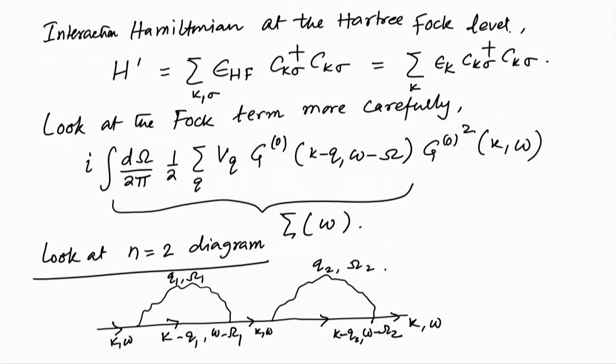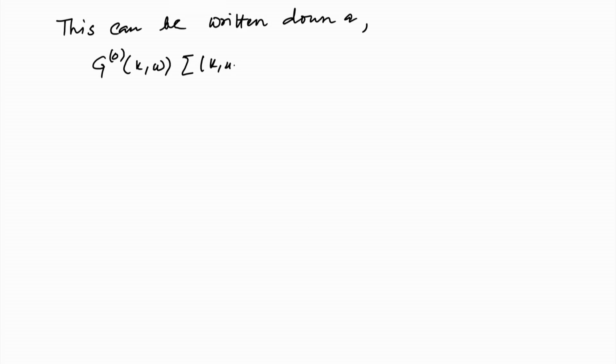So, this one can be simply written down as G 0 k omega sigma k omega G 0 k omega sigma k omega G 0 k omega, and because we are summing over the internal energies which are capital omega 1, capital omega 2, and so on.